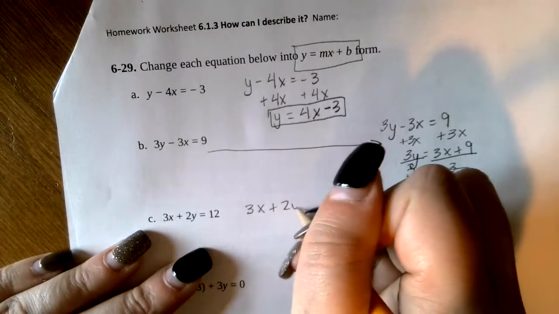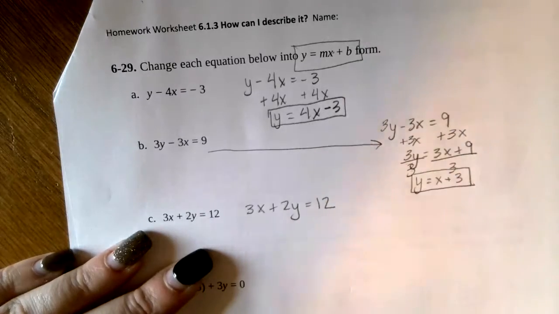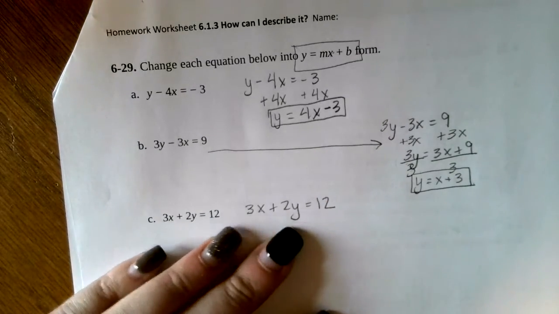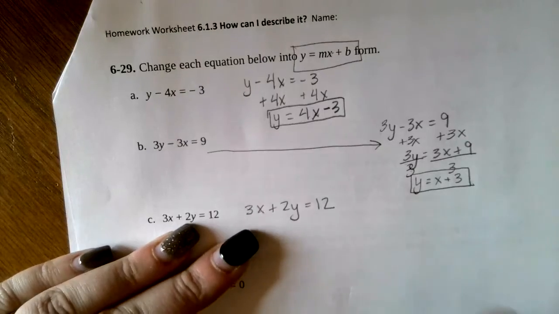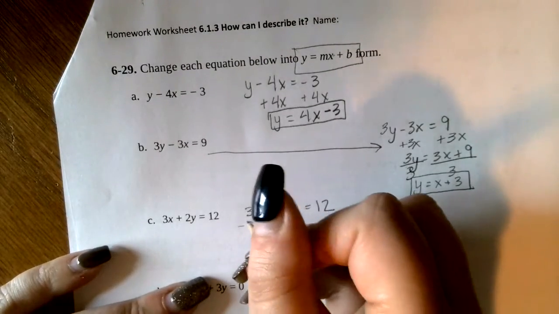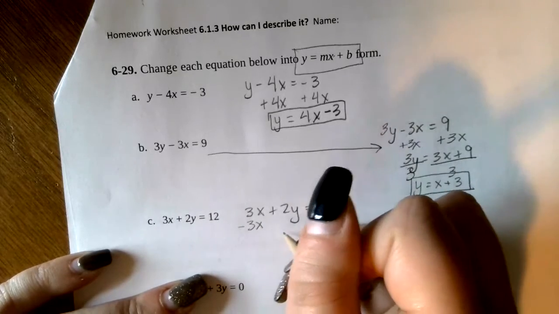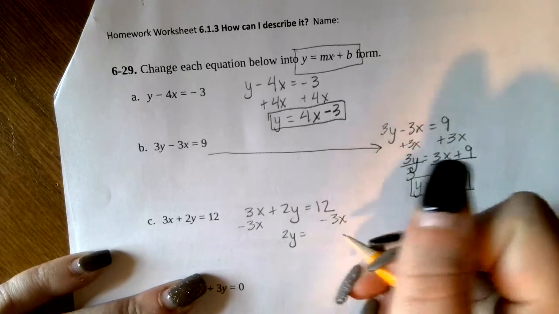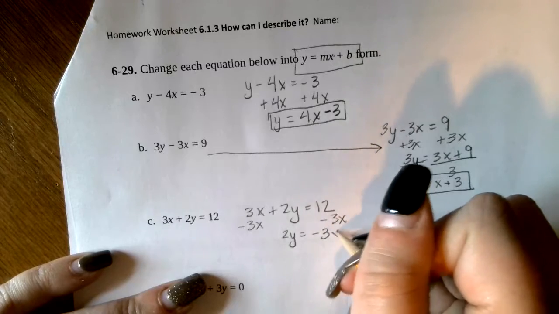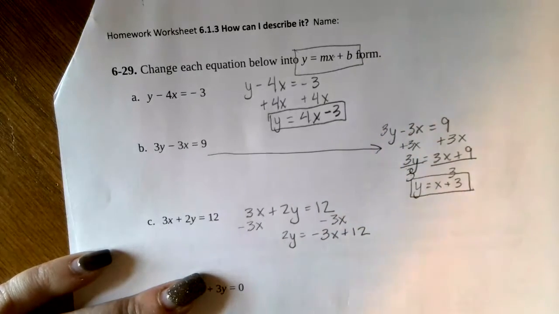3x plus 2y equals 12. All right, again, I'm trying to get my y's by themselves, so I'm going to move these x's first. That's always my first move, typically, unless there's like terms I can combine. So minus 3x on both sides. That leaves me with just 2y on the left and negative 3x plus 12 on the right. Okay.